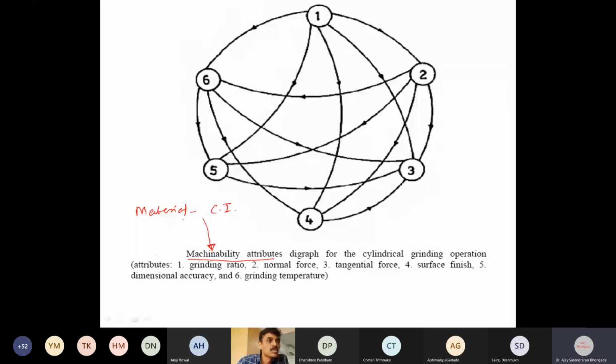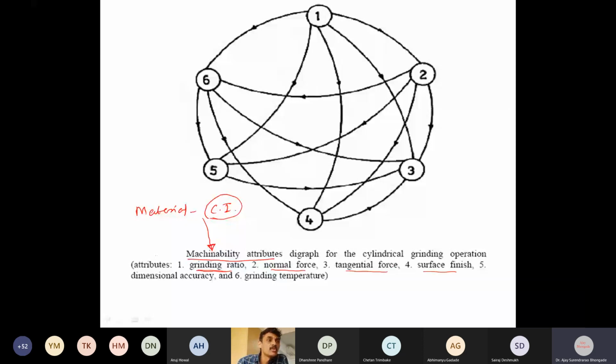How would the machinability be affected for cast iron? Which are the things that dictate or define the machinability? So we have to talk about the grinding ratio, the normal force, tangential force, surface finish, dimensional accuracy and grinding temperature.